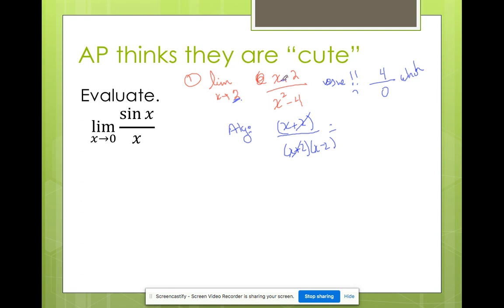Whoops, sorry, I wanted this to be a minus. I was like, wait, that's not going to work. x minus 2. So I'm going to end up with 1 over x plus 2. Right? Replug in.